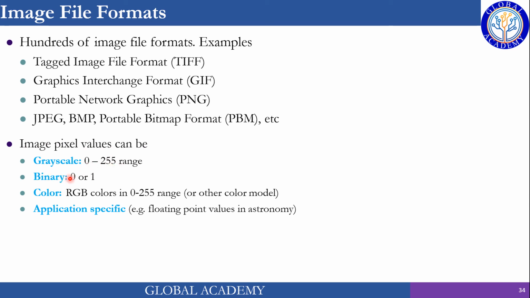In binary, it could be 0 or 1. A color image has a 0 to 255 range for each of red, green and blue. And there could be application specific formats that can have floating point values, like we have in astronomy.